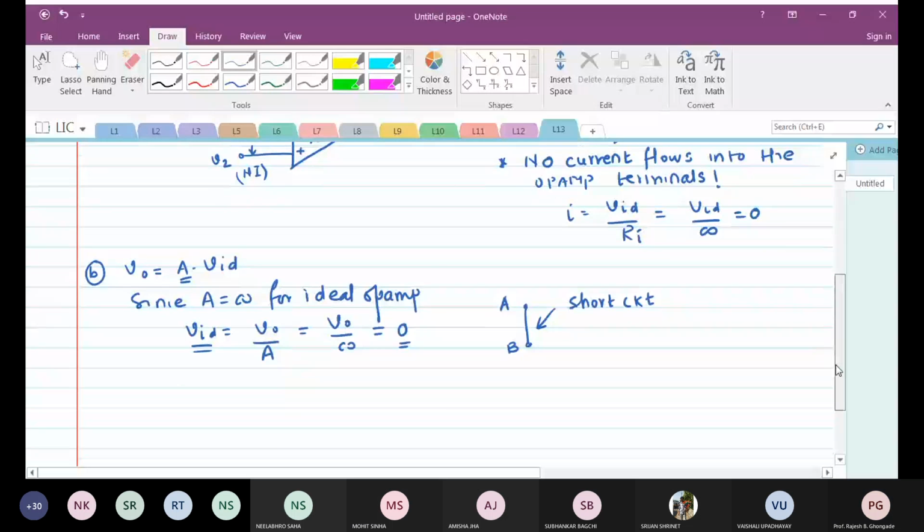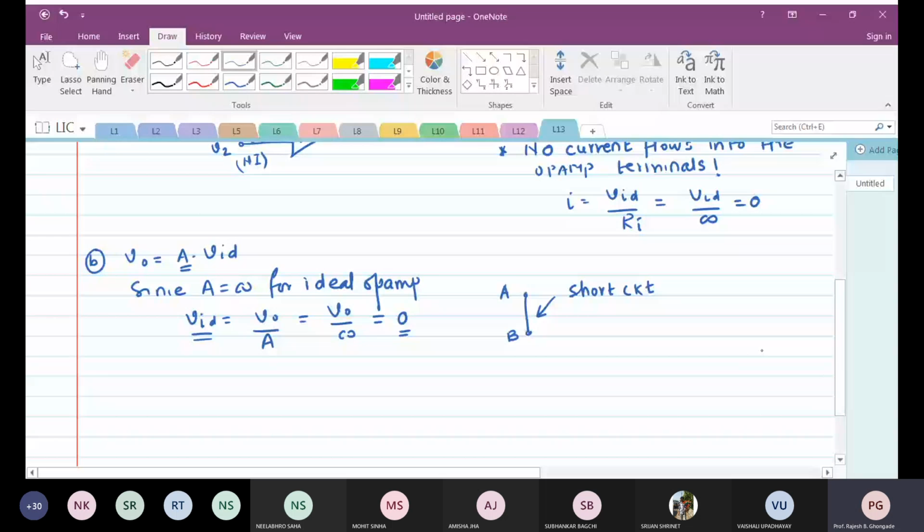But when we have a short circuit, what is the current that flows into it? So infinite current, isn't it? So if this is, let us say, 10 volts, and if you directly short it to ground, the resistance being 0, the current I will be infinite.